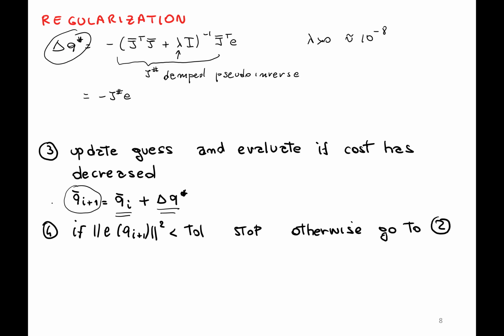And if the error function becomes lower than a tolerance, let's say epsilon, we stop. Otherwise, we do another iteration. We go back to point 2, we compute another linear approximation, we compute again the 0 of this linear approximation, and we iterate. Okay.